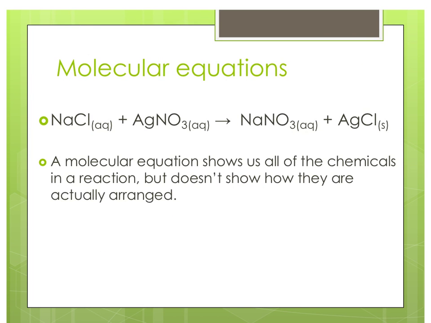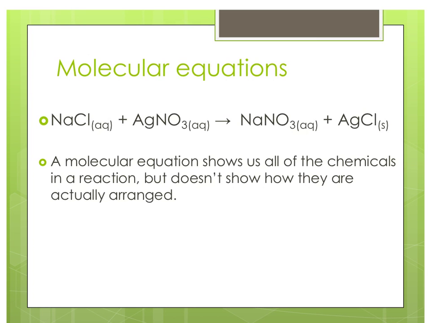The types of equations that we've been writing are called molecular equations, even though it's an ionic compound. The idea is that you're writing the ions or the molecules just together, basically. It shows all the chemicals in a reaction and how they interact with one another.